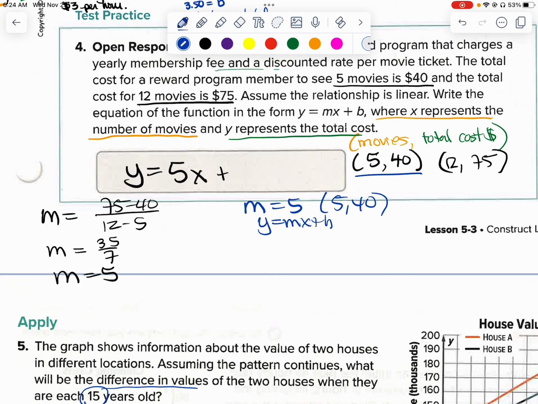I'm going to replace the y with 40, the m with 5, the x with 5, plus b. So 40 equals 25 plus b. Subtract 25. I get 15 is equal to b. So plus 15.